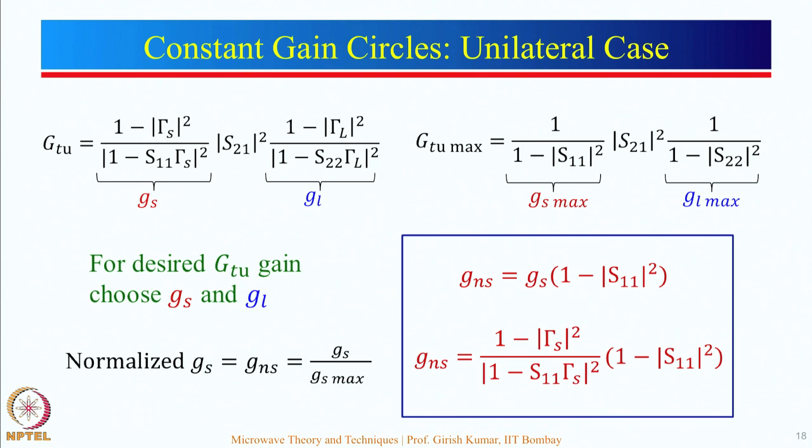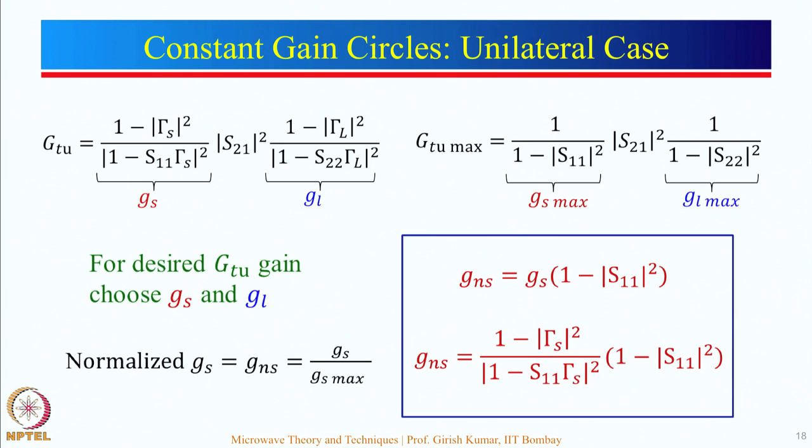Now, we are going to look at constant gain circles. We will first start with the unilateral case. For the unilateral case, we had seen this expression for GTU and this expression for GTU max. Generally, it will be specified that we have to design an amplifier for a given gain.